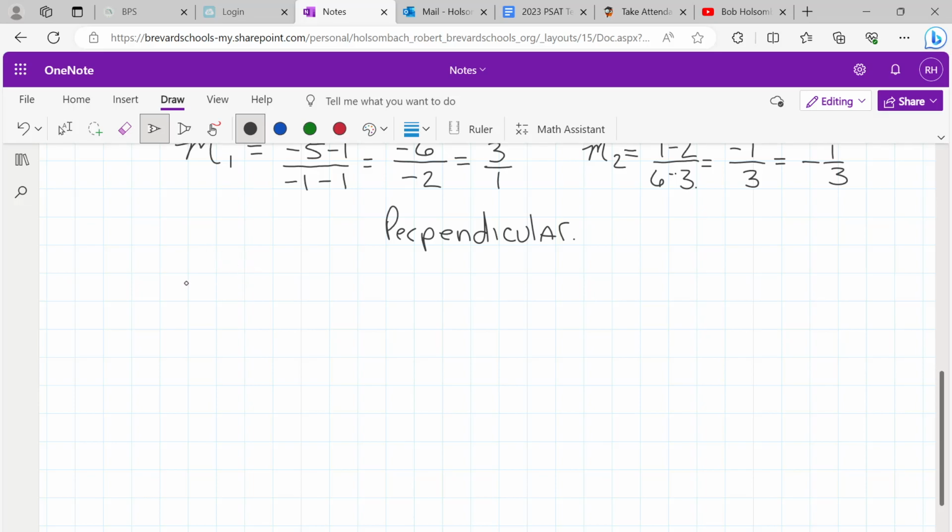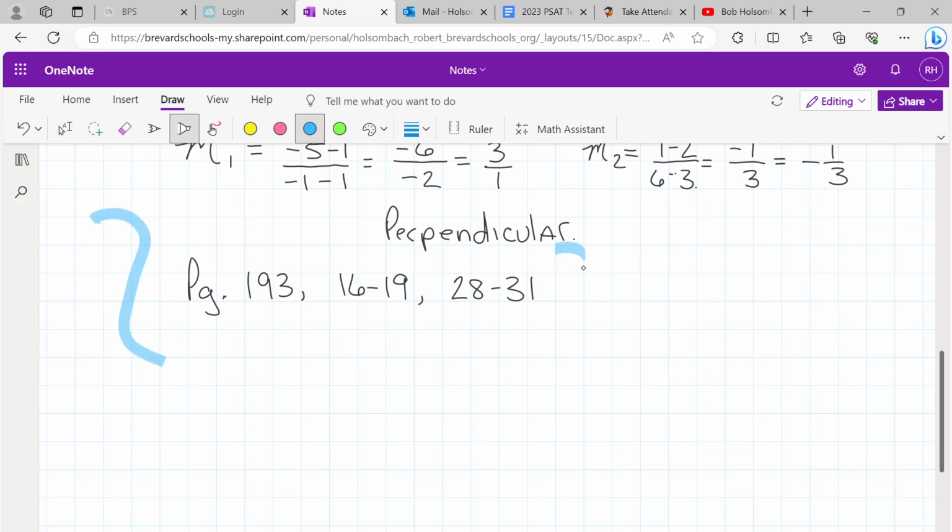It's on page 193, problems 16 through 19, and 28 to 31. And again, I'll remind you, be sure you're checking your odd answers in the back of the book.